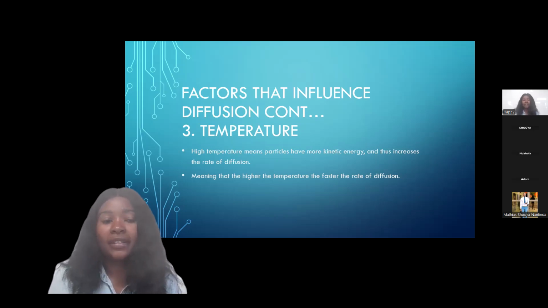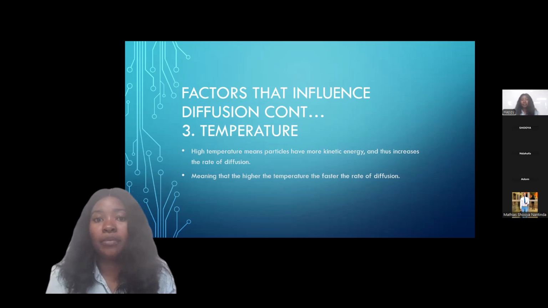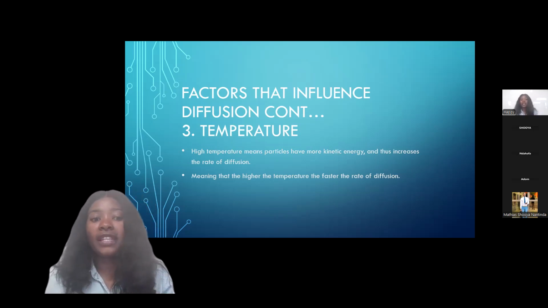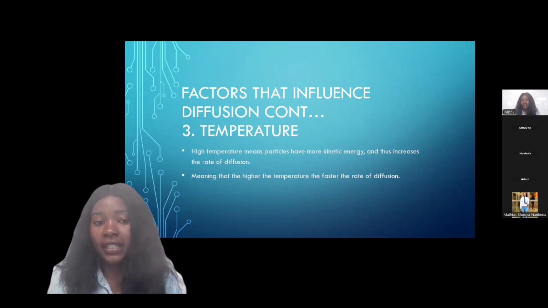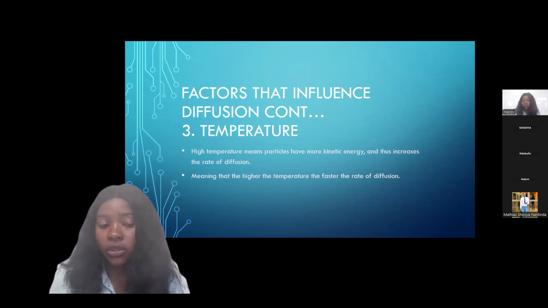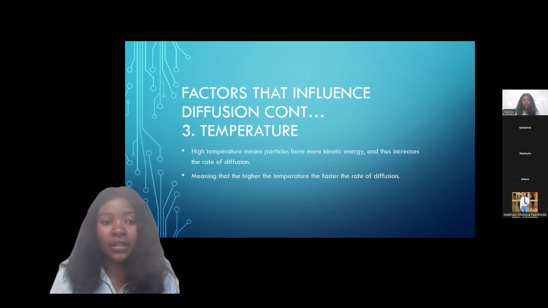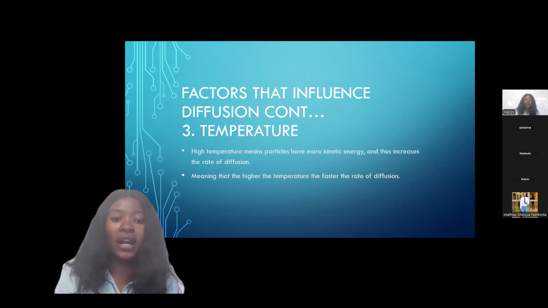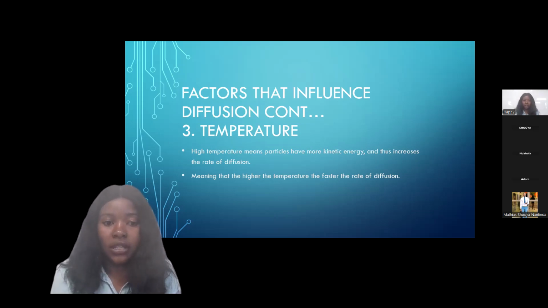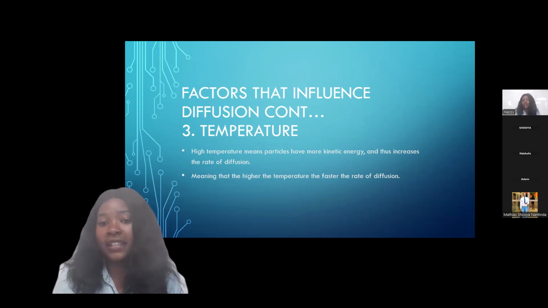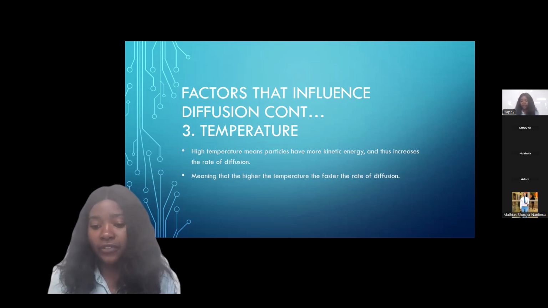I think you all had a cup of tea or a cup of coffee in the morning, right? The reason why we make tea with hot water and not cold water is because we want to speed up the process. Diffusion happens faster when you are having hot water. So again, the higher the temperature, the faster the rate of diffusion.